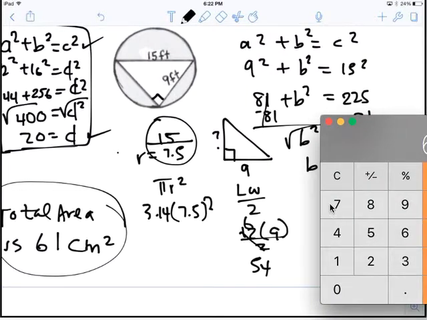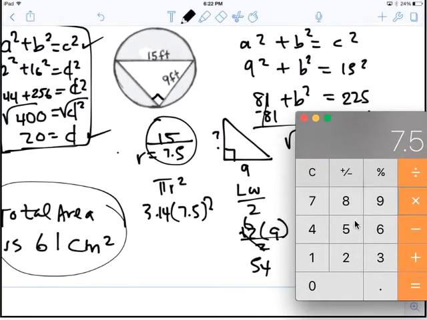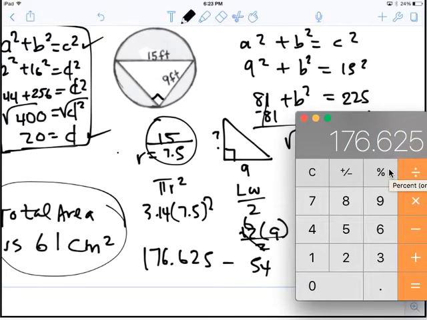So 7.5 times 7.5 times 3.14 is 176.625. Subtract that by 54.